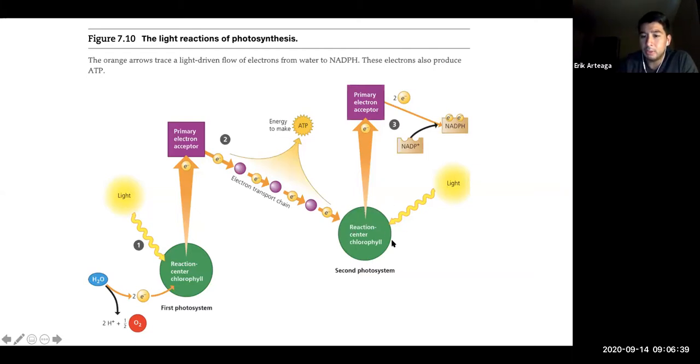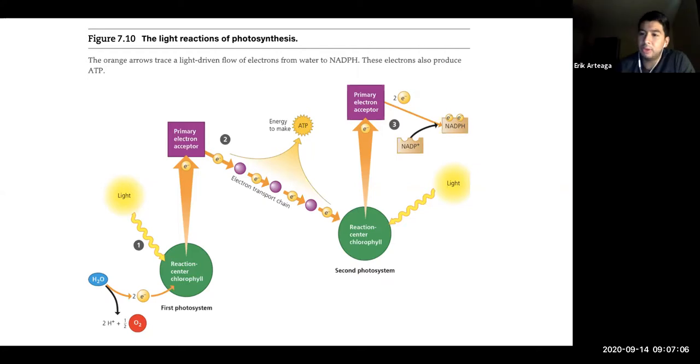This can then be re-excited by light energy, right? This photosystem or reaction center can then be excited again by the light. You have the electron jump up. These electrons can then be donated to NADP, and then this is converted to NADPH. So I just want to make a note that NADP plus is different than NAD, okay?